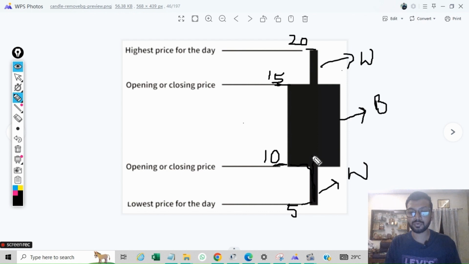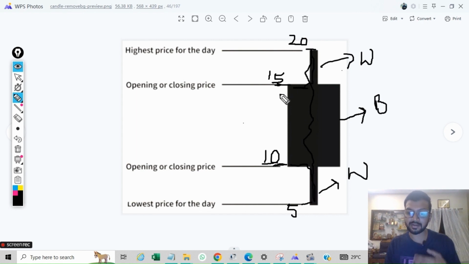Still it is moving and it has reached 20. This is the day high, but still the market hasn't closed and it has come back to 15. Now the market has closed on this day. So in this way we can read the candle: the opening price is 10, day low is 5, day high is 20 and closing price is 15.